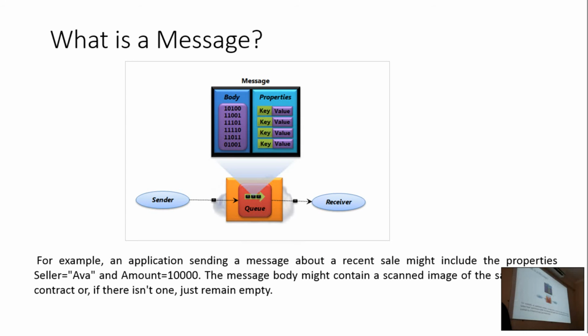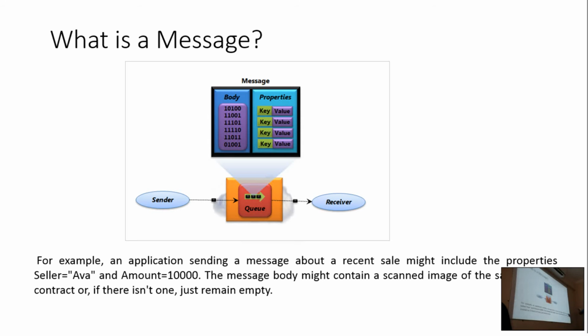Before that, we need to understand what is meant by the message. Here, the message is something like this. It has a body area and it has properties. Properties usually go as key value pairs. For example, assume there is a message about sales information: the seller equals this one, and the amount equals this amount.